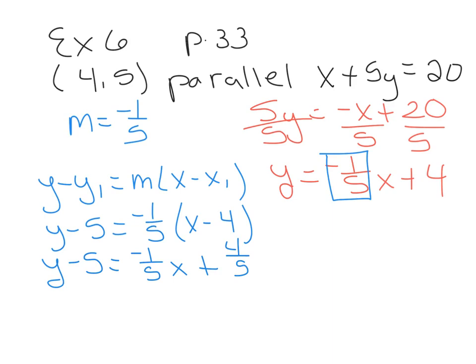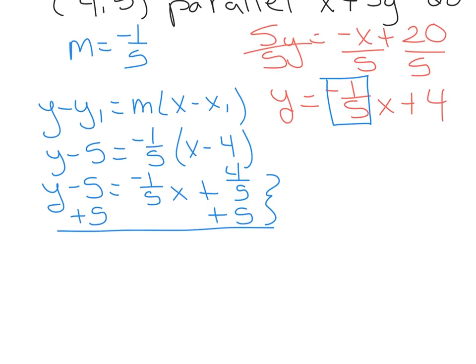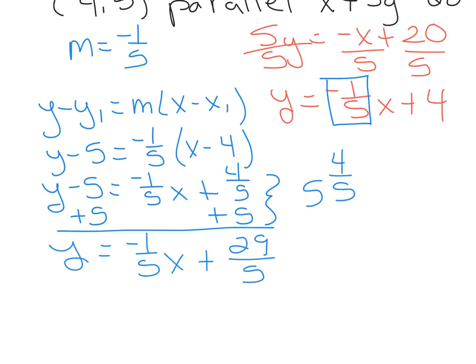And then the last step is to add this 5 to isolate y, and these are like terms here. I'm going to scroll up just a little bit so we have a little bit more room here. So we have y equals negative 1/5 x. Over here, 4/5 plus 5. Since they're the same sign, you can just write this as 5 and 4/5 and then change it to an improper fraction, which is 29 over 5.